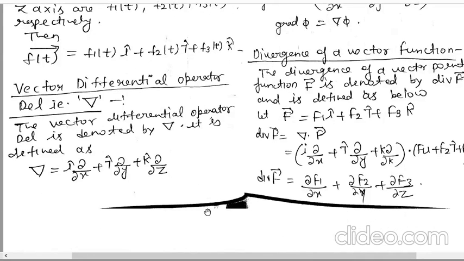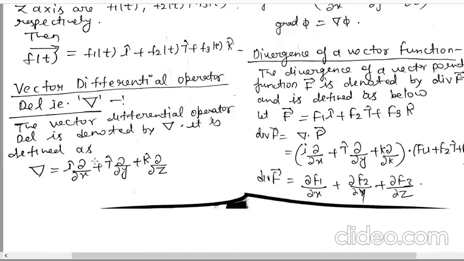Now, next topic is vector differential operator. So it is denoted by del operator. So what is del operator? The vector differential operator del is denoted by this sign, right? This sign is called upper triangle sign.